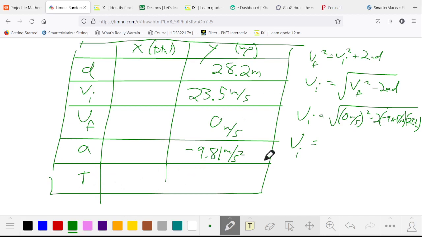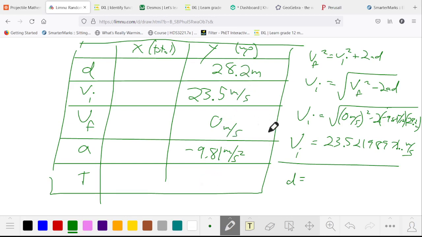And our time we can now get ideally without that initial velocity, just because there is that risk that if we messed up doing the initial velocity, and we use that also for time, we'll get both wrong.